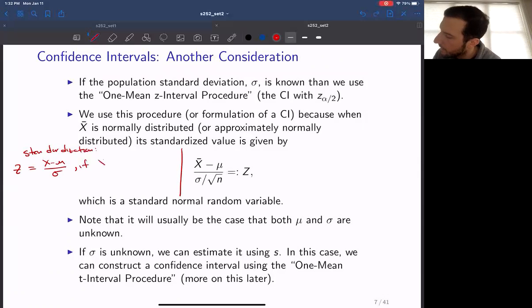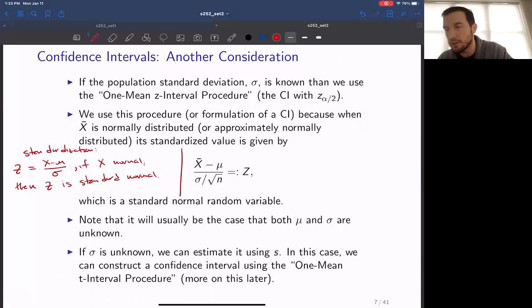So if x is normal, then z is standard normal. This is the definition of standardization. The formula for standardizing any value is the value minus its mean over its standard deviation. So z is equal to x minus mu over sigma. If x is normal, then z is now standard normal.